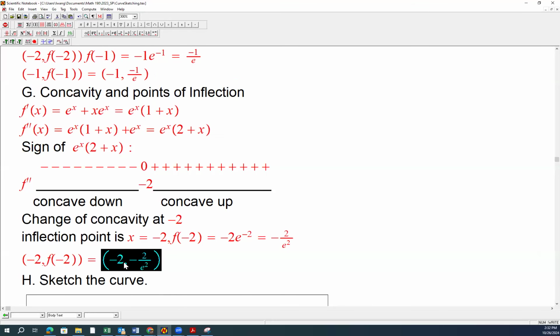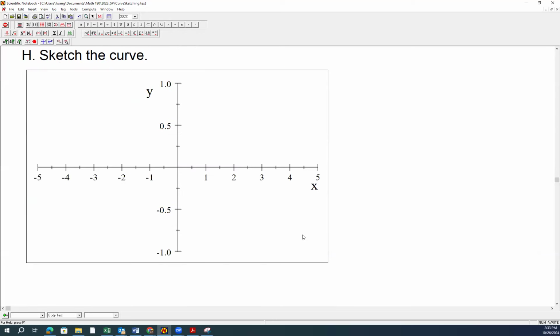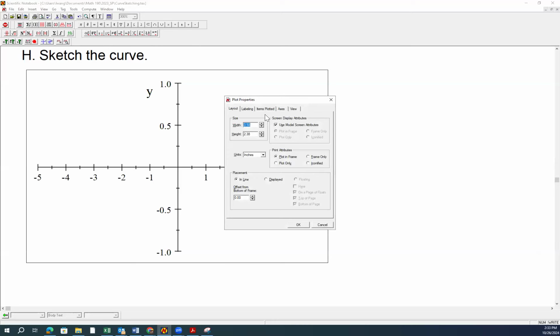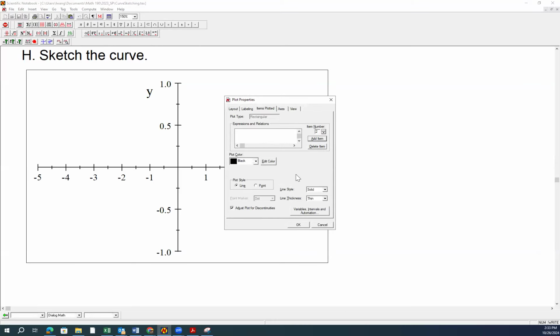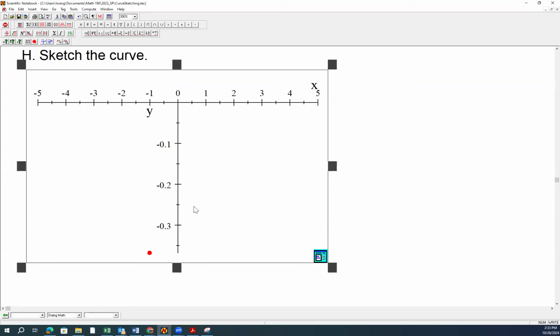We have an inflection point, and we have a local minimum. This is a local minimum, so I'm going to mark this point first. So this will be the local minimum: red dot, a point, local minimum.